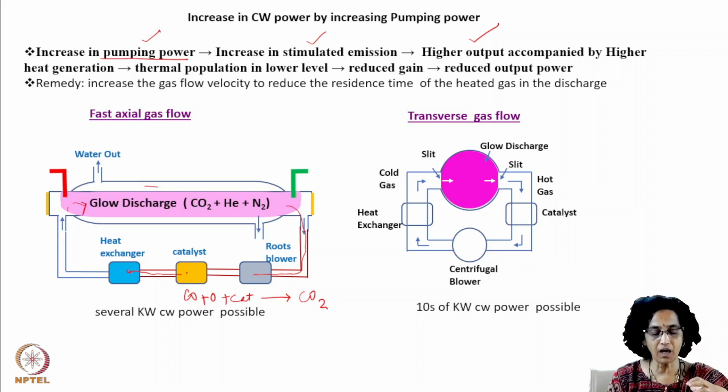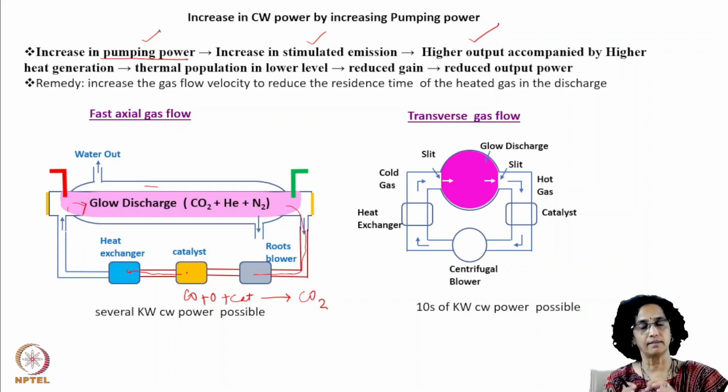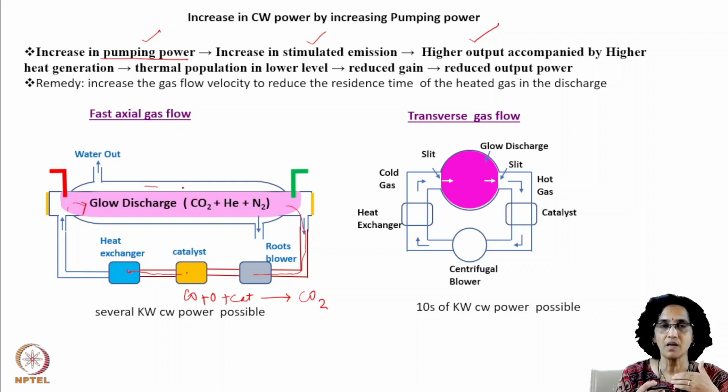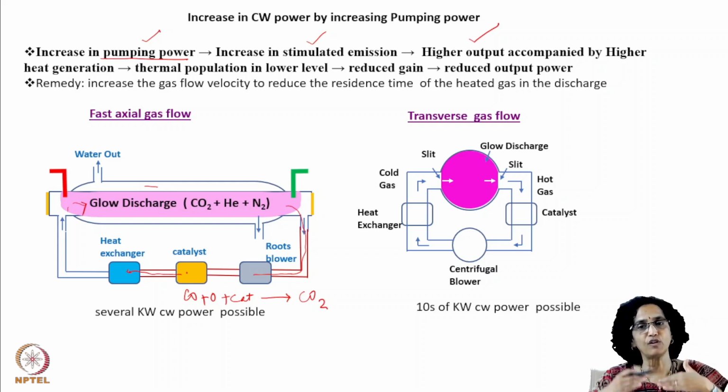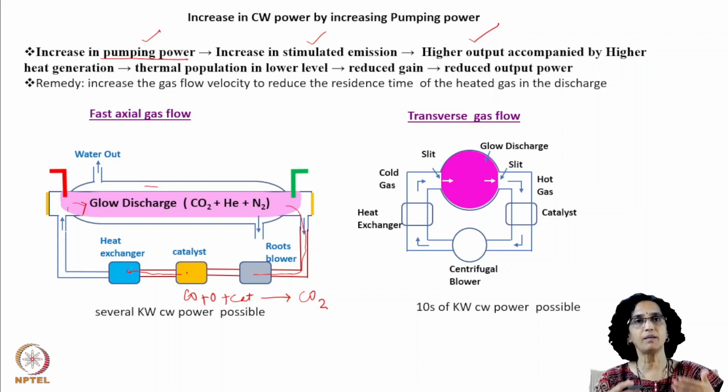So here we are forcibly drawing the gas, making it go through a chamber which has a large catalyst, because here just lining probably will not be efficient. In the case of lining, the gas has to diffuse to the wall, get recombined and then again be available.